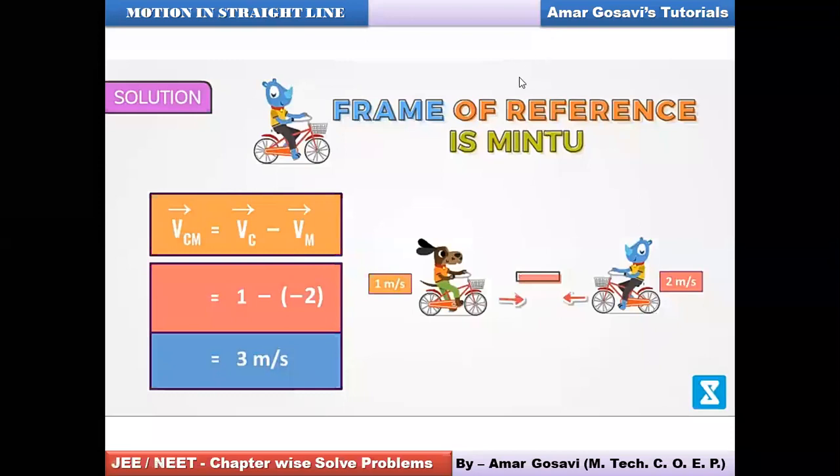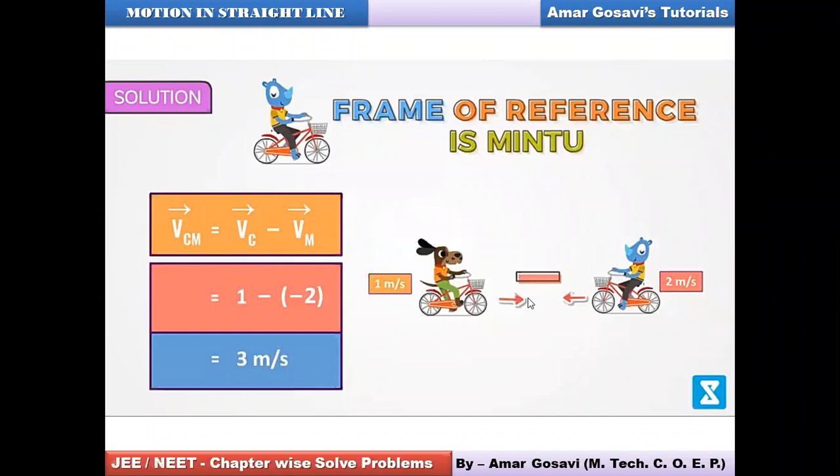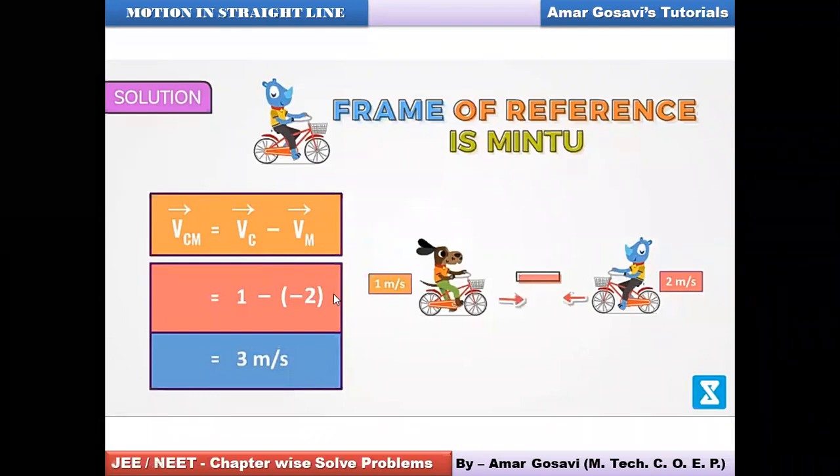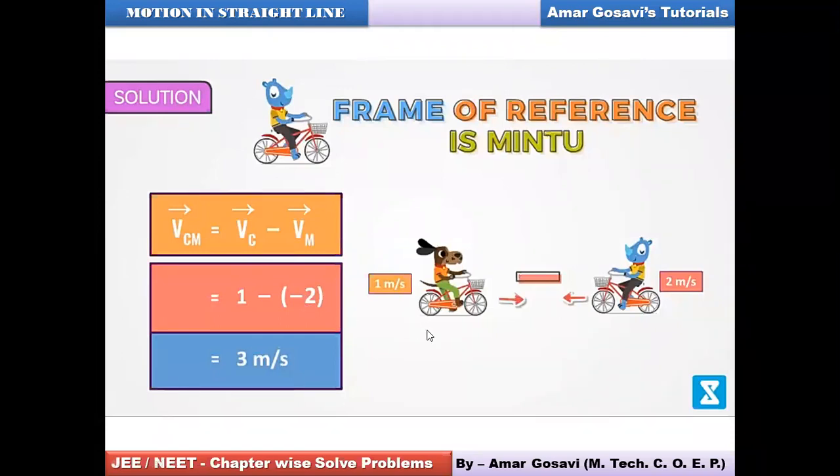The important thing to note in the formula is why I have taken 2 as minus. Because if this direction I am considering positive, exactly opposite direction I will consider as negative, because velocity is a vector quantity, friends. So this is how you are supposed to interpret.